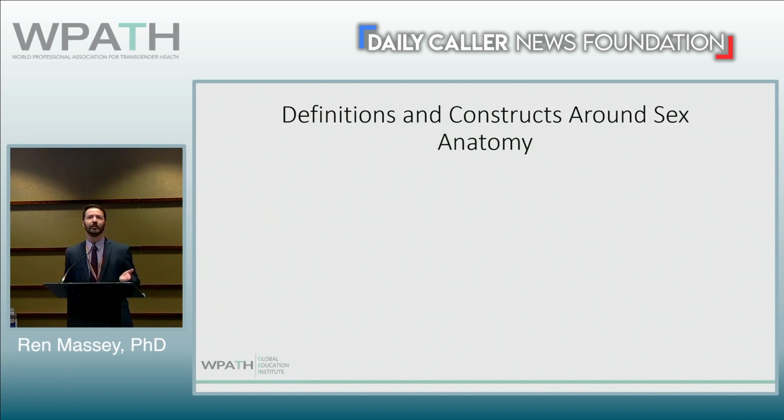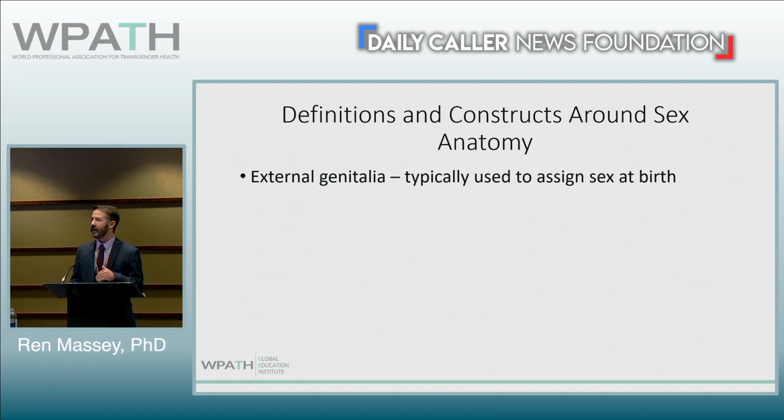So first we need to really look at the assignment of gender markers. Now sex we need to distinguish from gender identity. Sex is typically really a biological term that has been historically based on external genitalia, and sex markers were assigned at birth for a long time.